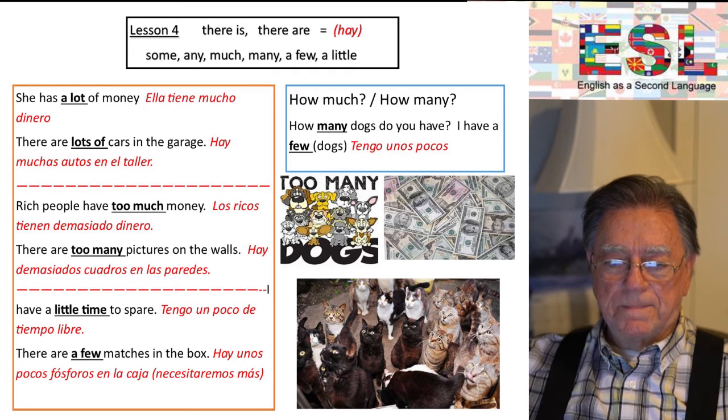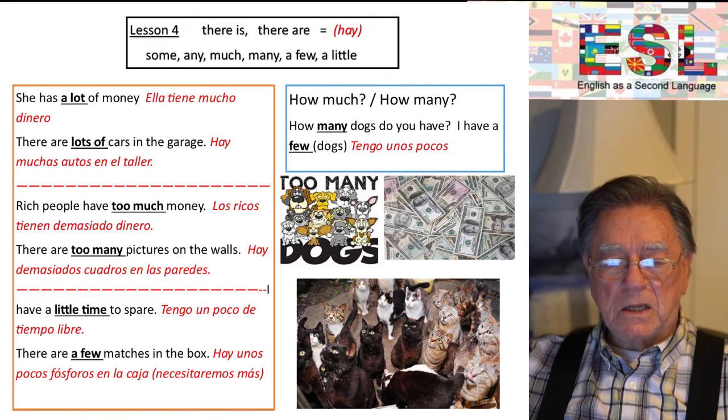And then there are too many pictures on the wall. And the concept in Spanish, hay demasiado cuadros en las paredes. There are too many pictures on the wall. Anytime we say too, it's always demasiado.